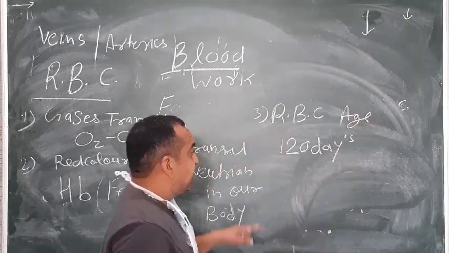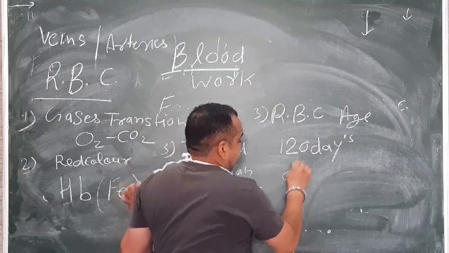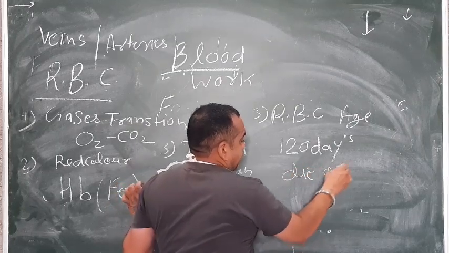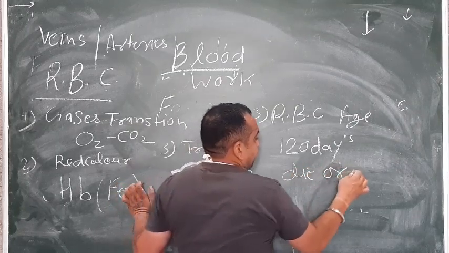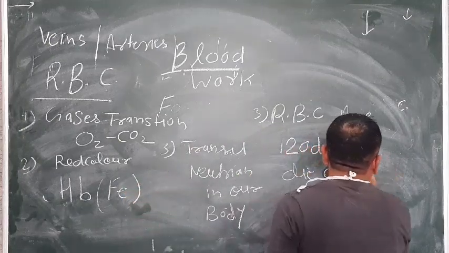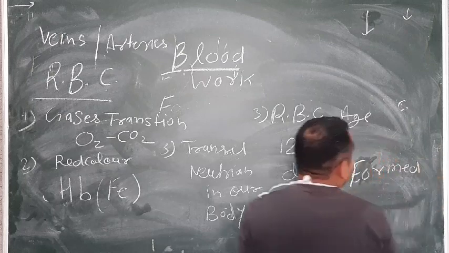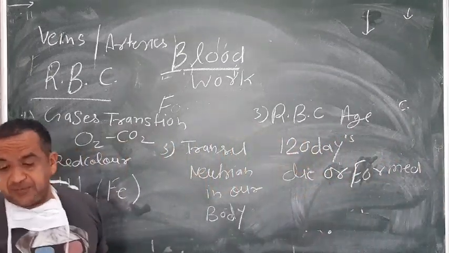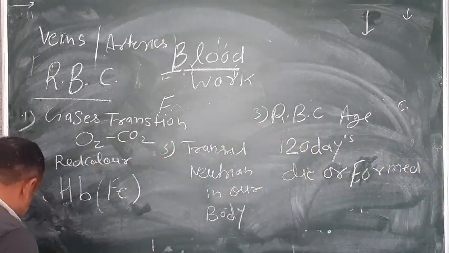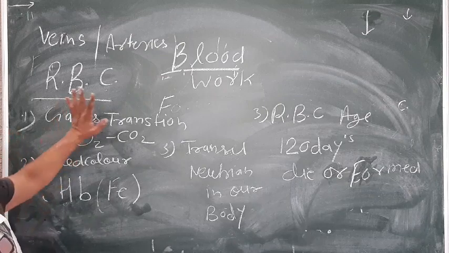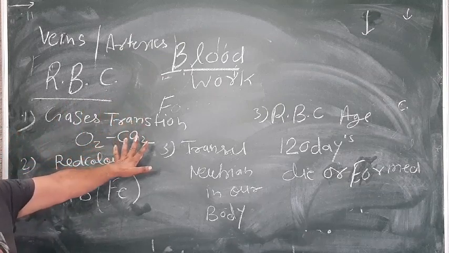In the meaning, RBC die or are formed in 120 days. RBC are dying and being formed every 120 days, which is the main work of RBC.